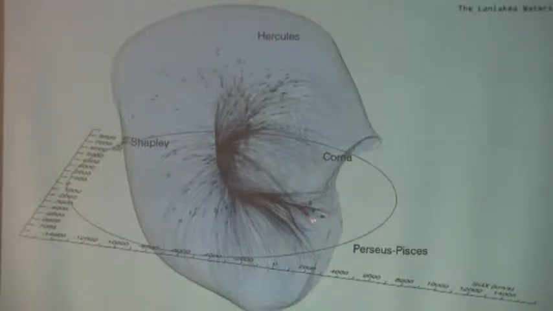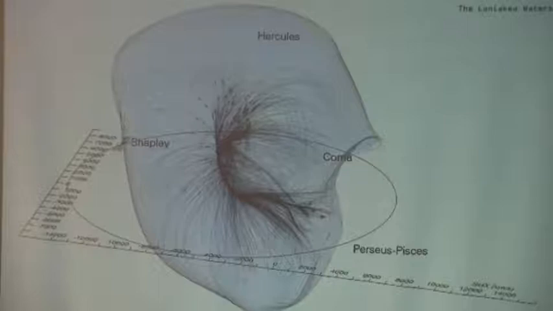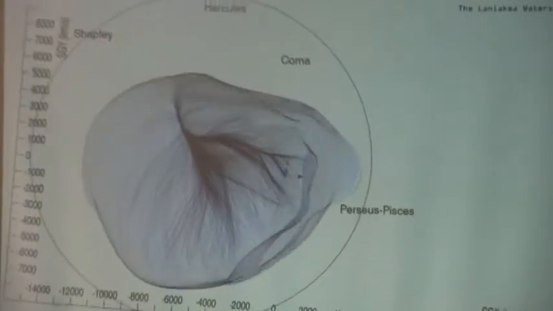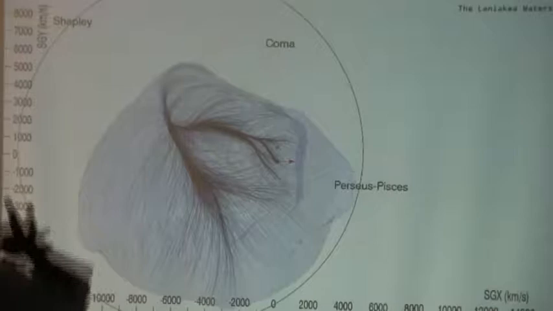Again, we are here, not that far from the watershed that separates all the galaxies that go into Laniakea from those that go into Perseus. It's like the ridge of a mountain, right? Water would go one way or the other. Okay.